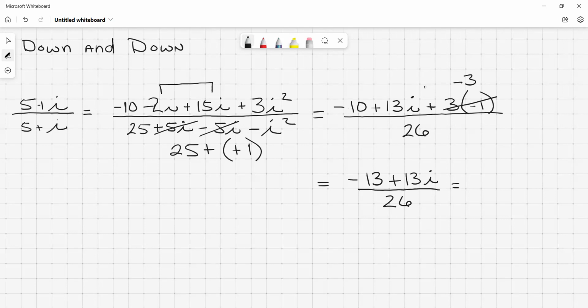So this becomes negative 1/2 plus 1/2 i. 13 is half of 26, and 13i over 26 simplifies to 1/2 as well. Bunch of steps, but not very difficult.